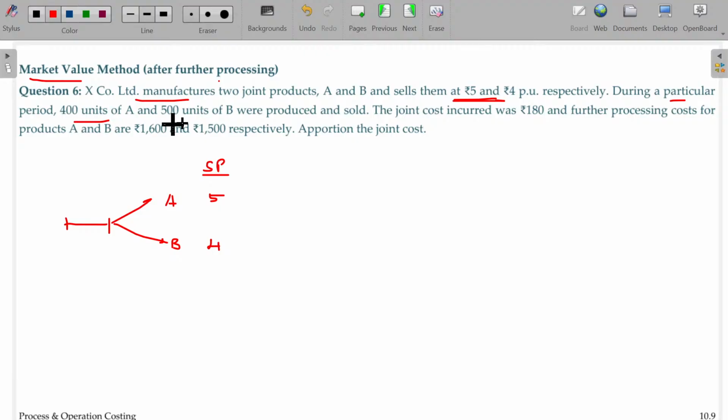During a particular period, 400 units of A and 500 units of B were produced and sold. The joint cost incurred was 180.